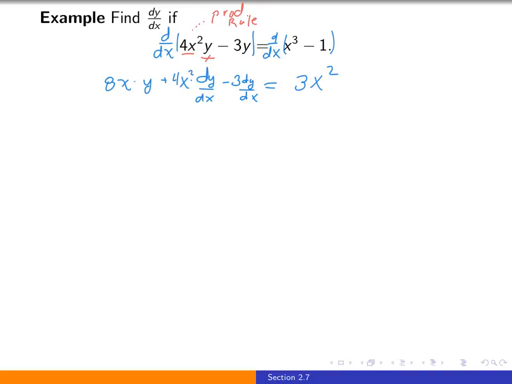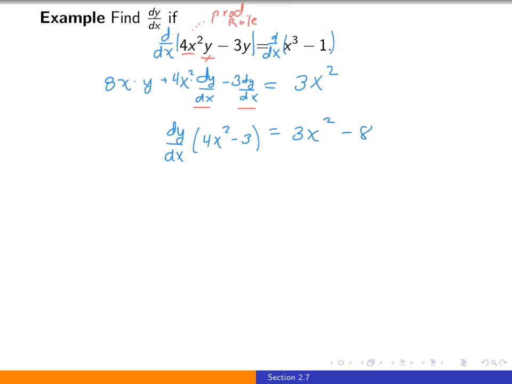We now note the thing that we would like to solve for, the dy dx. There are two of them on the left. So what we'll do is group those two terms together. You have 4x squared of them, and then minus 3 more. On the right, you have a 3x squared, and we'll go ahead and move the 8xy over to the right-hand side.